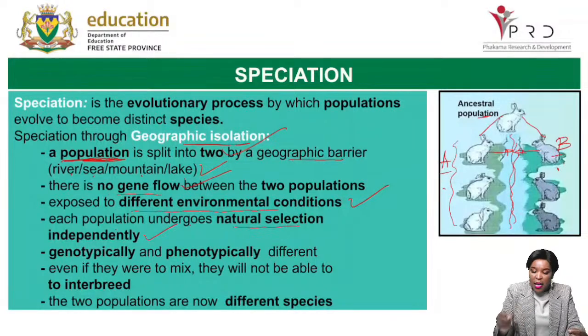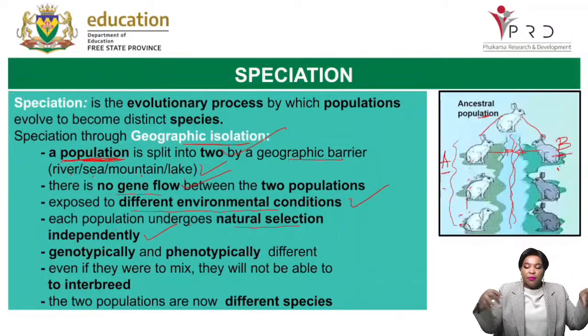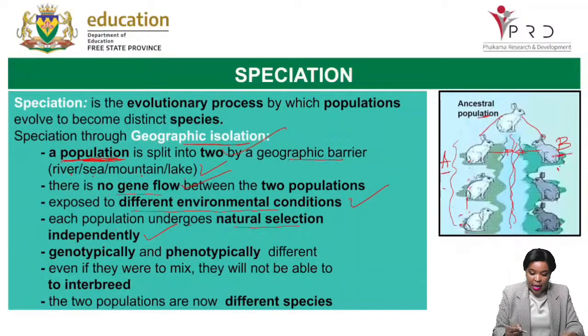What does this statement mean? Natural selection occurs in here, meaning those that have favorable characteristics for environment A will survive, and those that have favorable characteristics for environment B will survive. But don't explain it. Just say to us, because we know what you mean: natural selection will occur independently in each environment.